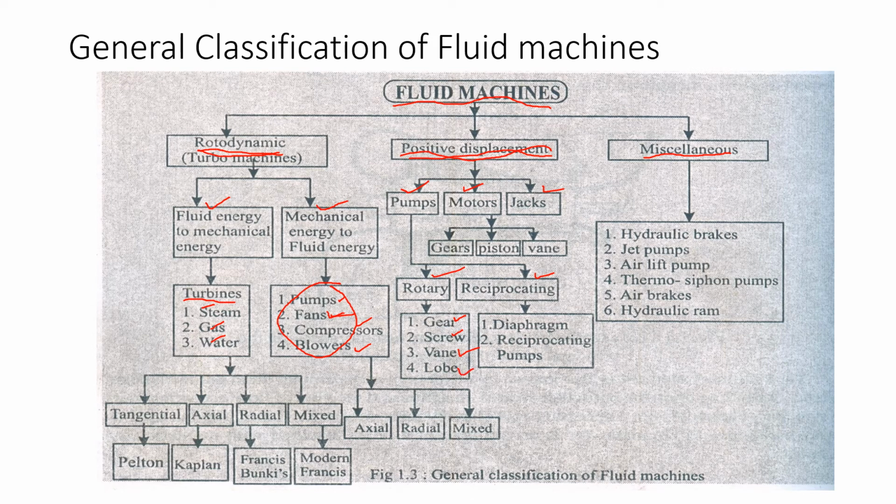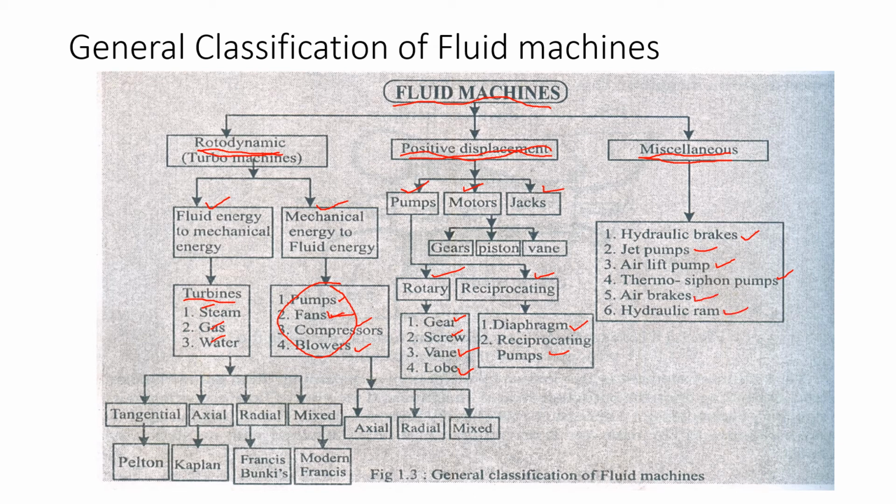In the reciprocating type, we have diaphragm pumps and reciprocating pumps. In other types of turbo machines, we have other examples like hydraulic brakes, jet pumps, airlift pumps, thermosiphon pumps, air brakes, hydraulic ram.